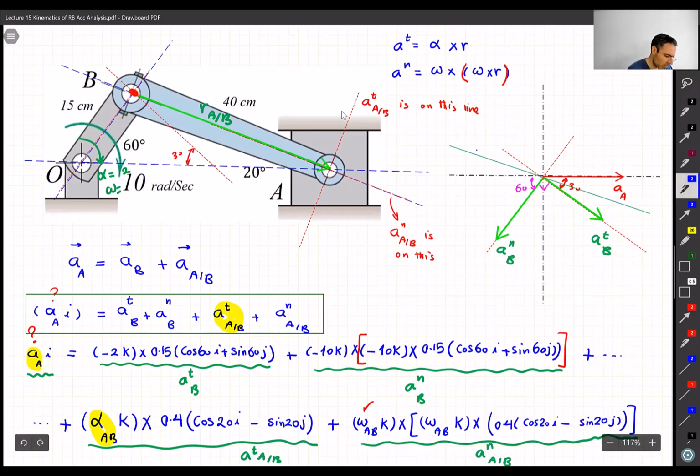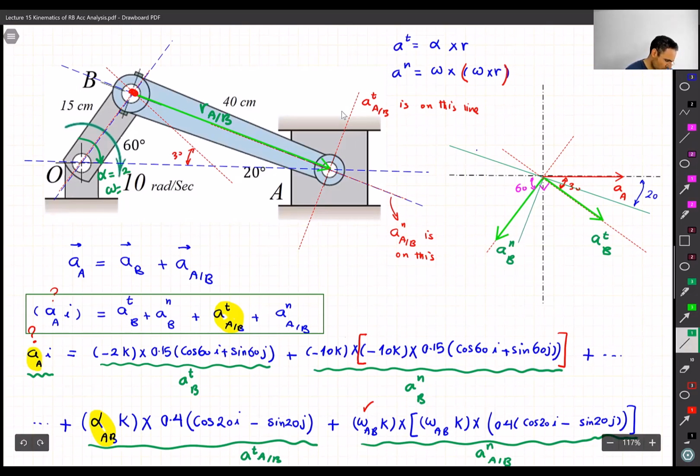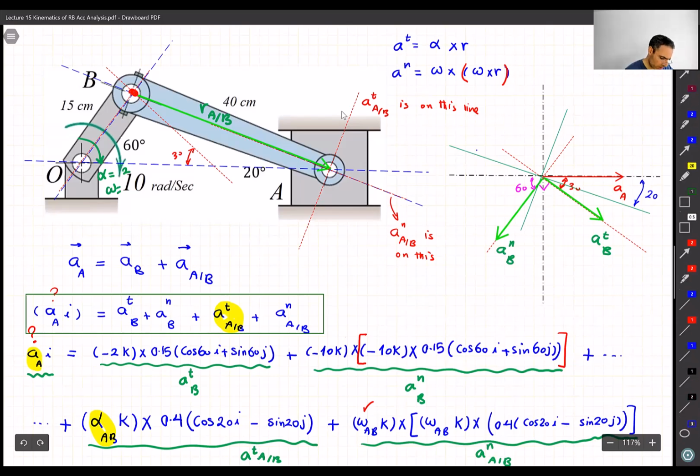So this angle is 20 degrees. And then another line perpendicular to that, right? We're almost done, guys. Sorry it took longer than I thought.